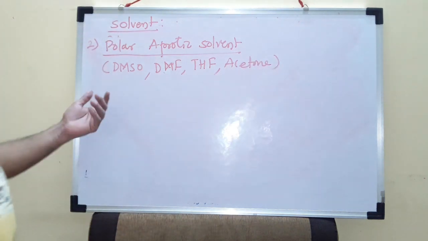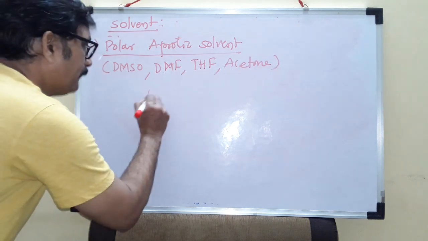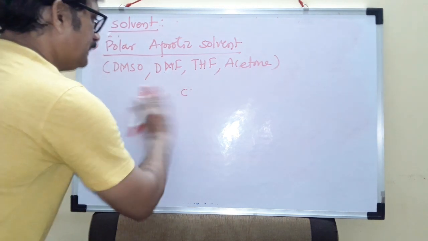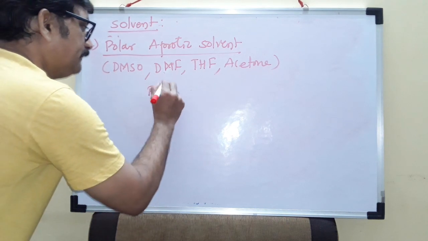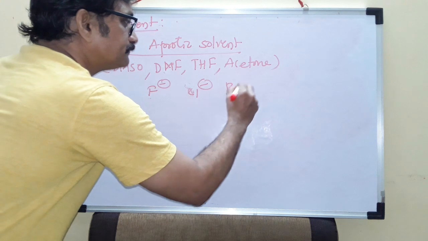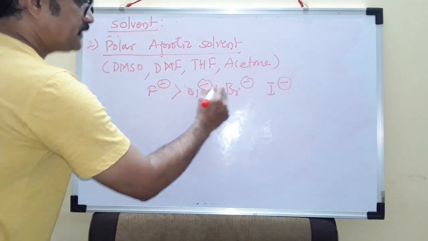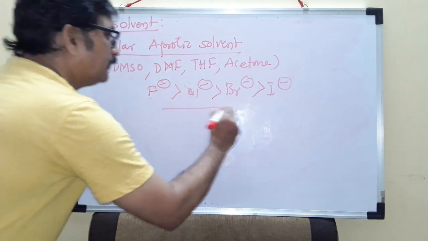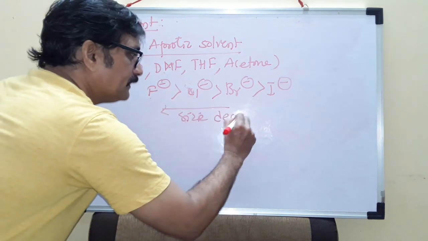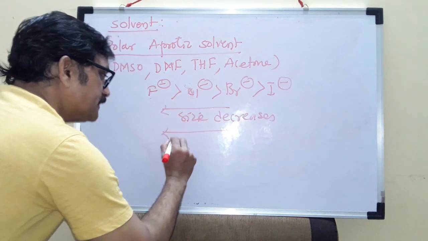These are polar aprotic solvents. Here, as the size decreases, I write fluoride ion again, as the size decreases, nucleophilicity increases.